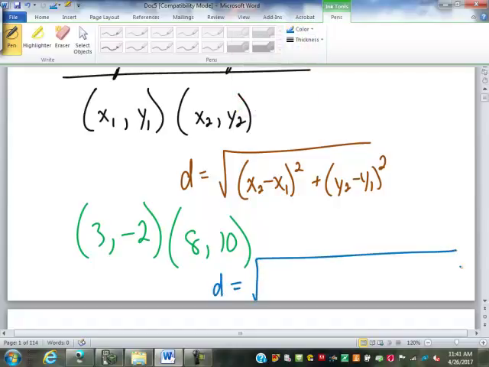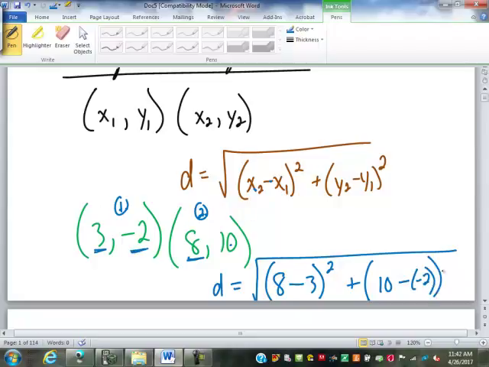Well, that distance is going to be the square root of, I'm going to label my points 1 and 2, just to make it a little simpler. x2 will be point 2, the x-coordinate, that's 8, minus x1 was point 1, the x-coordinate, which is 3 squared, plus parentheses y2 is point 2, the y-coordinate is 10, minus y1, point 1, the y-coordinate is negative 2. So I'm going to put that in parentheses so we know it's minus a negative. And then, of course, squared.